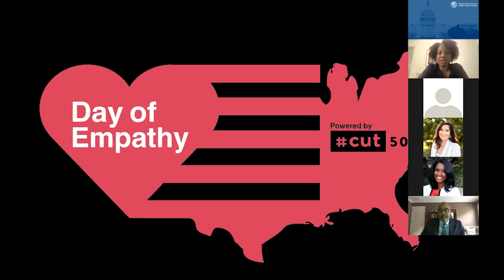Cut 50 is an initiative of CNN commentator Van Jones, as well as Jessica Jackson, who is an attorney and advocate for criminal justice reform. We are one of 3 initiatives founded by Van Jones. The other 2 are Dream Corps Green for All, which focuses on climate justice initiatives.